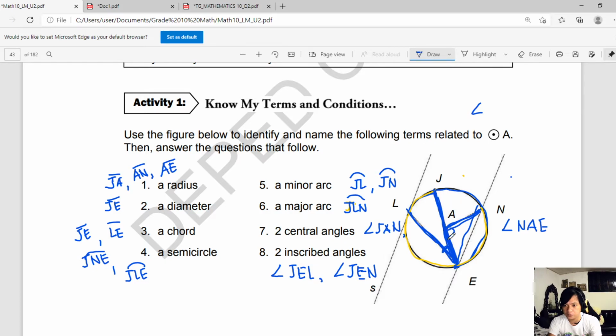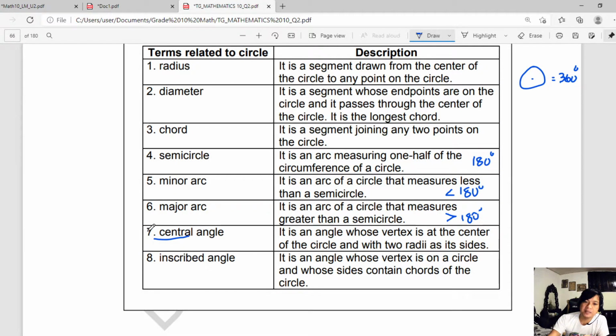The same also with this one, yung vertex nandito, so inscribed angle lang siya. So yun lang yung pagkakaiba ng dalawa. Pag sinabing central angle, yung vertex is at the center of the circle. Pag inscribed angle naman, on a circle lang siya, any part na nasa circle. So, yun yung inscribed angle.